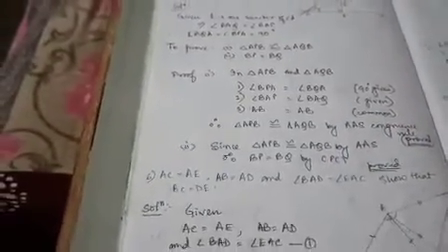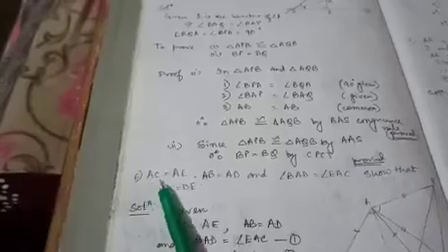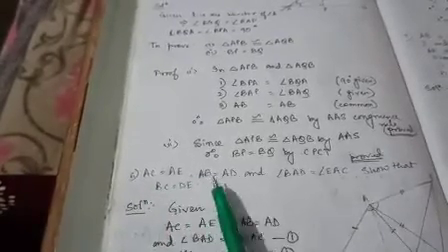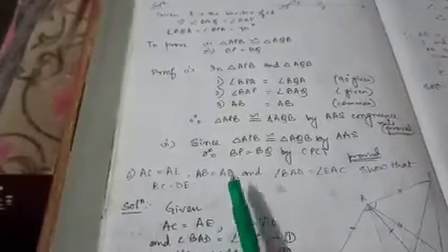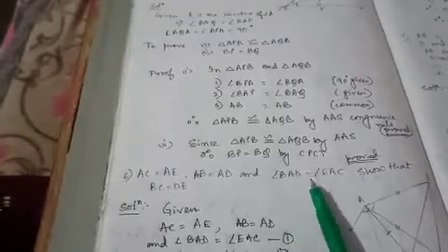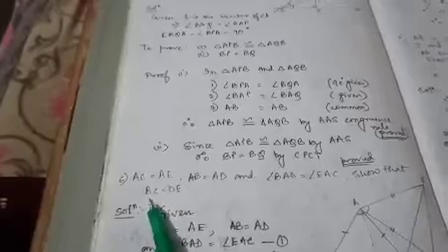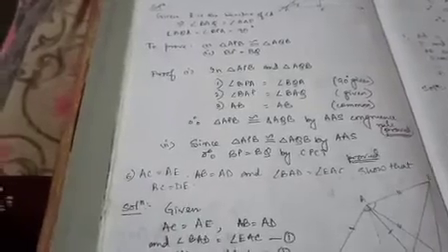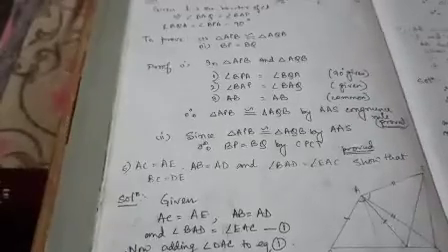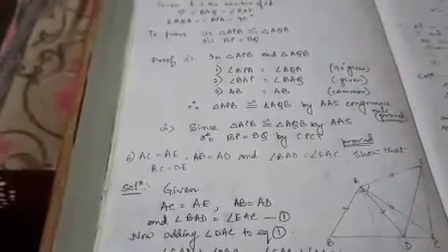Now we will move on to question number 6. The question is AC is equal to AE, AB is equal to AD, and angle BAD is equal to angle EAC. Show that BC is equal to DE. Now from the diagram only I am going to explain.